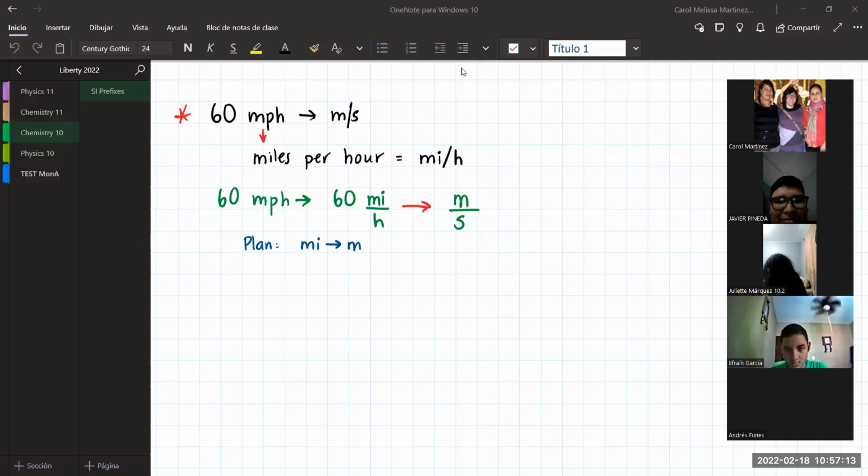What conversion factor do we have that involves these two? 1 mile equals 1,609 meters. A mile is a really big unit. A mile is bigger than a kilometer, and of course, it's going to be greater than a meter.